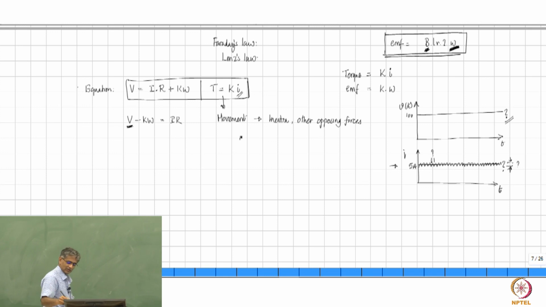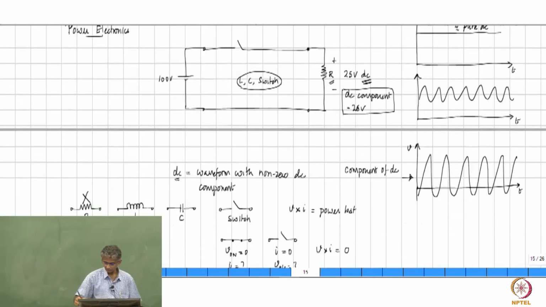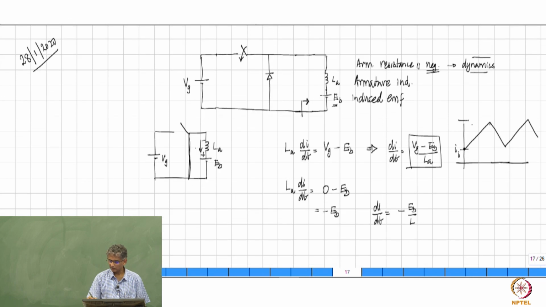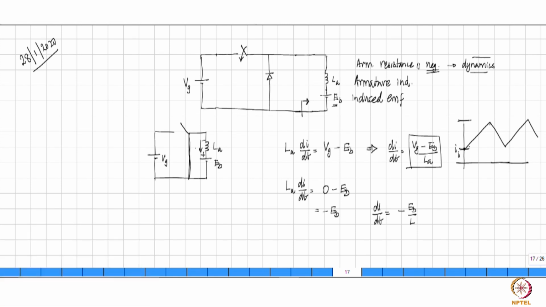Now, in this case, magnitude of the ripple is certainly under your control, because when you close the switch, the circuit looks like this, and this current is going to increase, and therefore you know how much increase is happening.